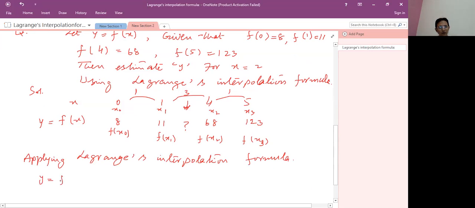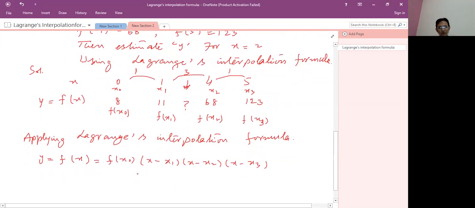Now y is equal to f of x, which is equal to, student, f of x naught times x minus x1, into x minus x2, and into x minus x3, whole upon, when we consider x naught, x naught minus x1, x naught minus x2, x naught minus x3.